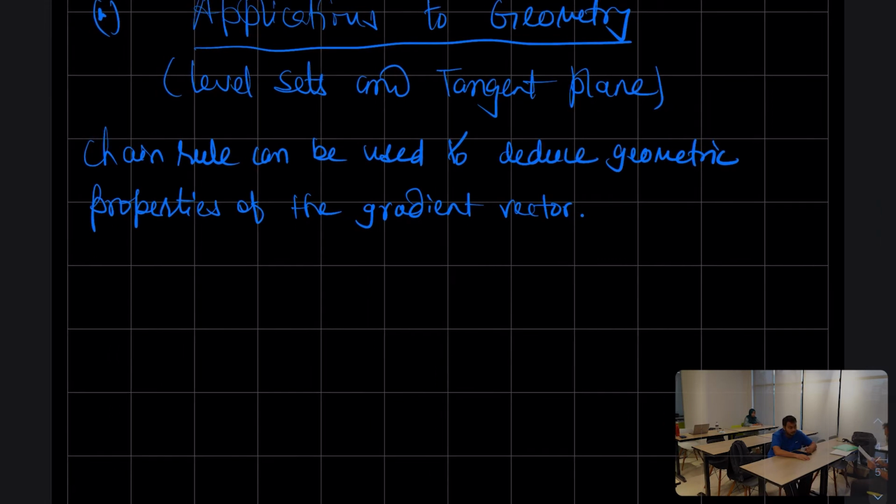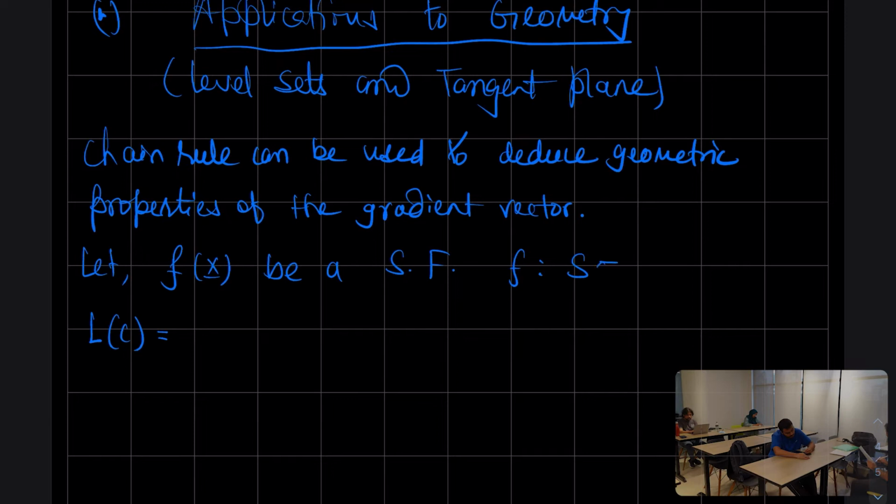So let f of x be a scalar field on some subset. Then this is a definition, by the way.